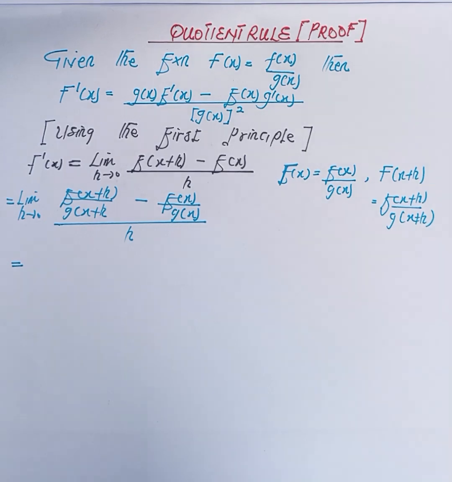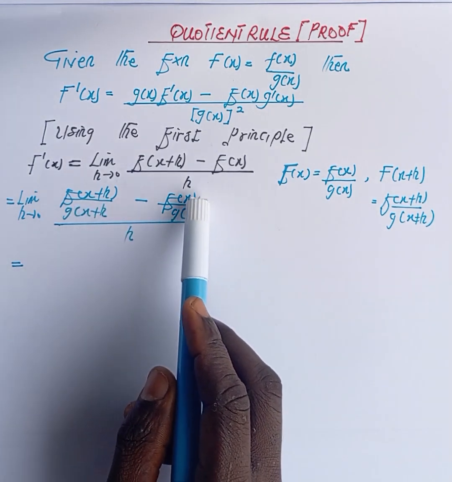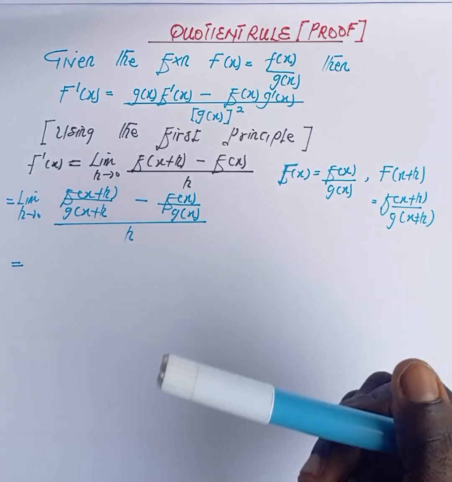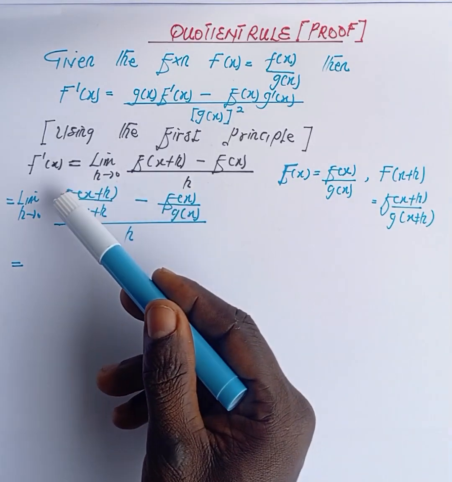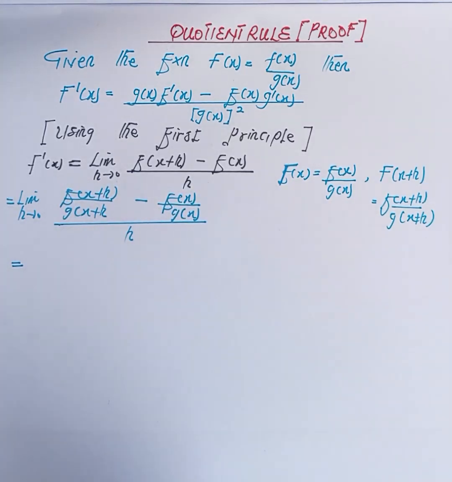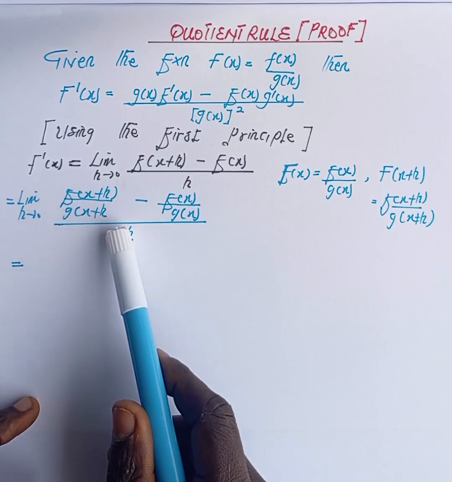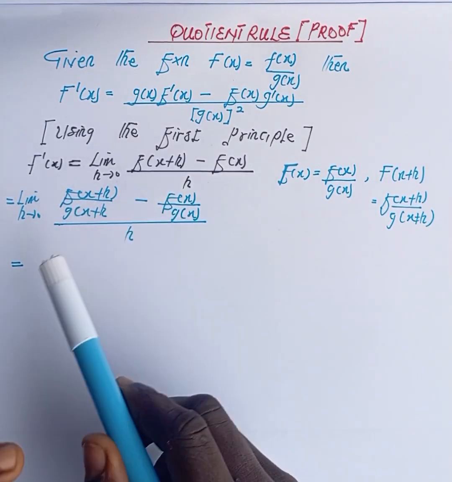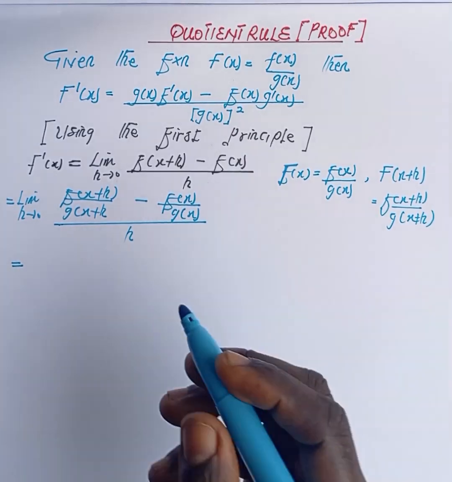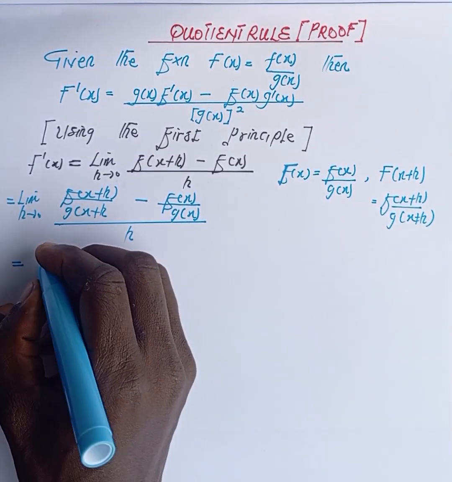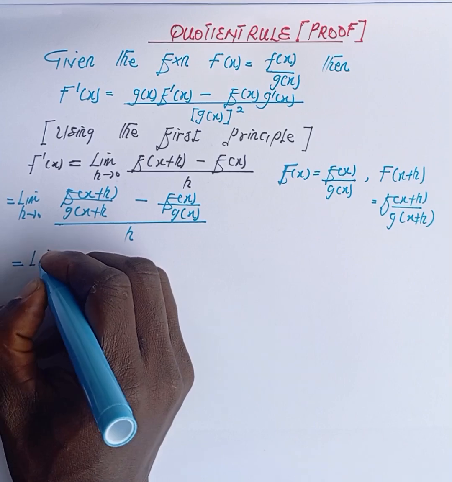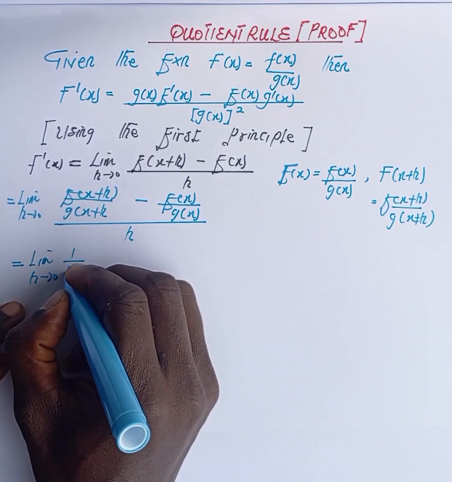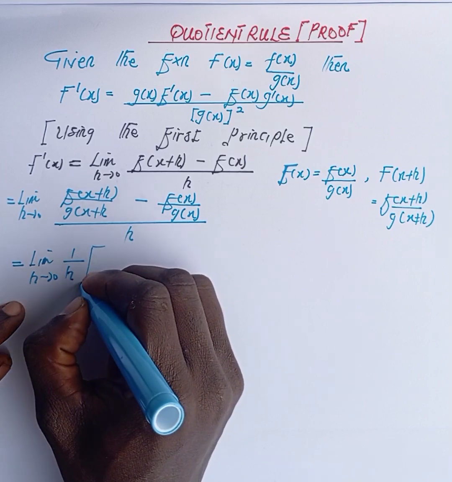Now the next thing we are going to do here is to simplify the numerator. We have a fraction and a fraction here. We can use the LCM approach to simplify it, and we know that the LCM is going to be g at x plus h and then g at x. Now with this h, we can bring it out to make everything simple, so we write it with a bigger bracket.